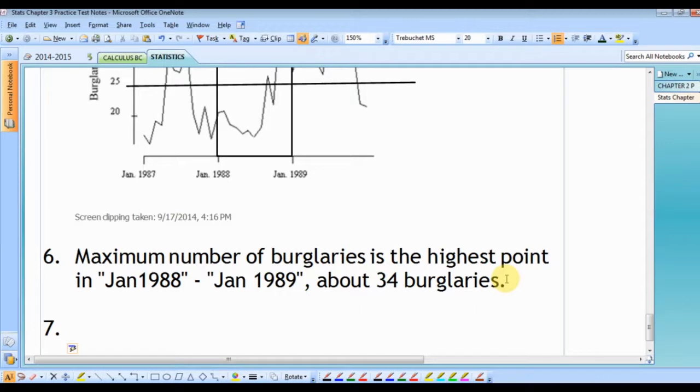A professor records the values of several variables for each student in her class. Which of the following, another categorical versus quantitative question, huh? Which of the following is categorical? Let's see. A, a typical response for score would be a number. B, a typical response for the final grade is a letter.